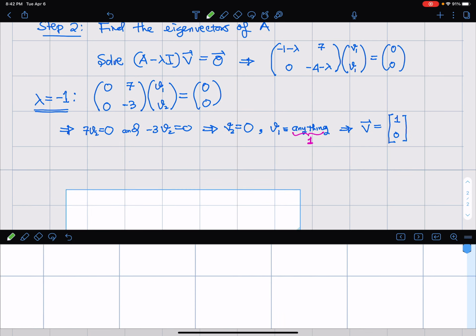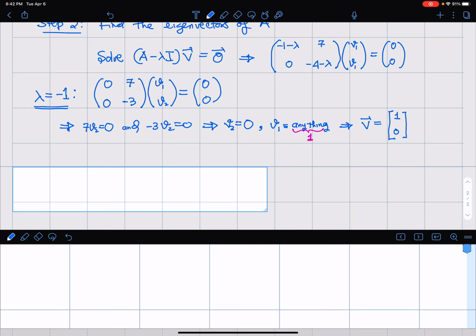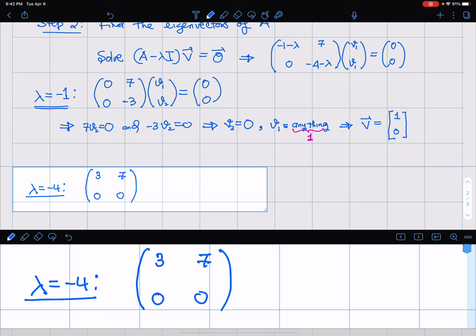Okay, so let's go back to the second step. We've done it for lambda equals 1. We're going to do it for lambda equals negative 4. So for lambda equals negative 4, what do we get? We get negative 1 minus negative 4. That's going to give us 3, and we have 7, and then 0 and 0.